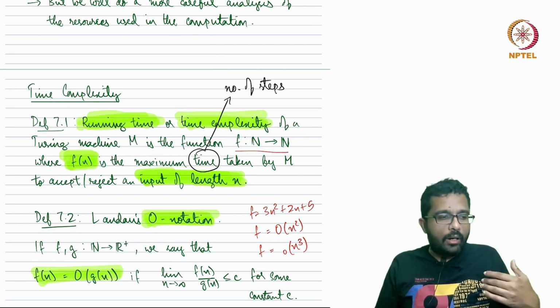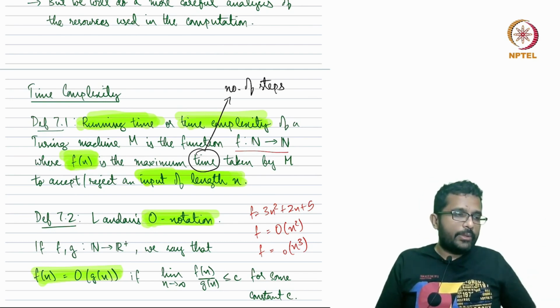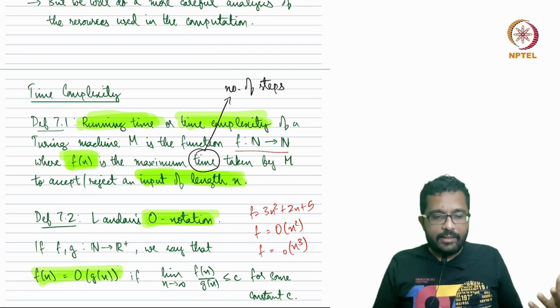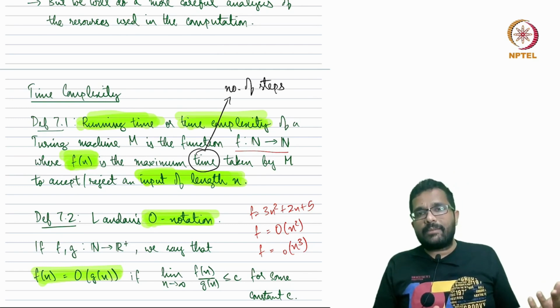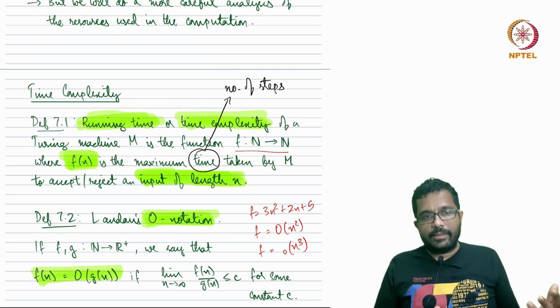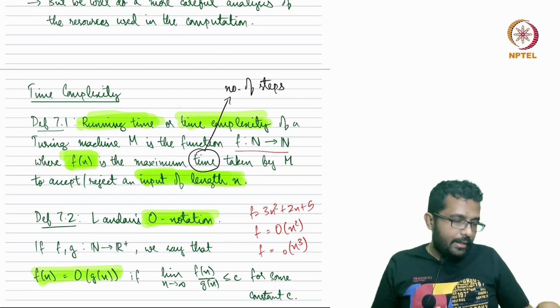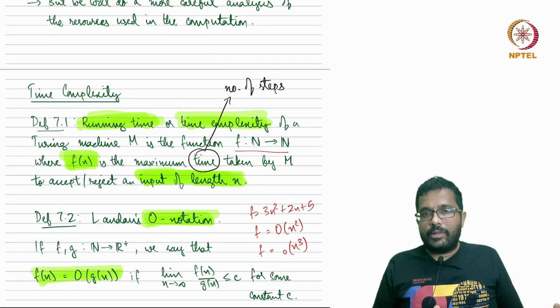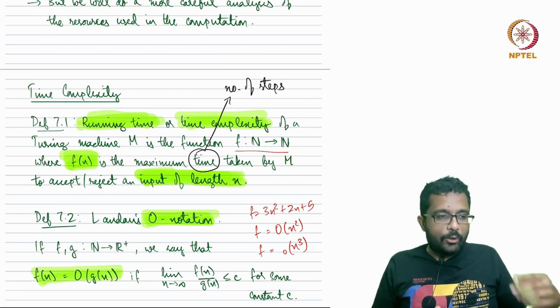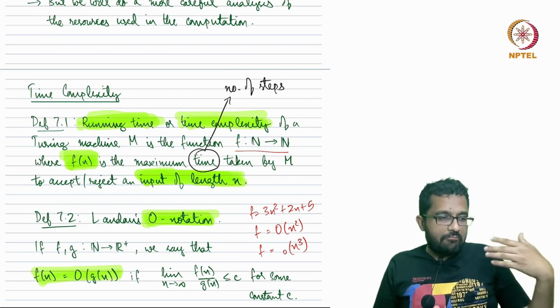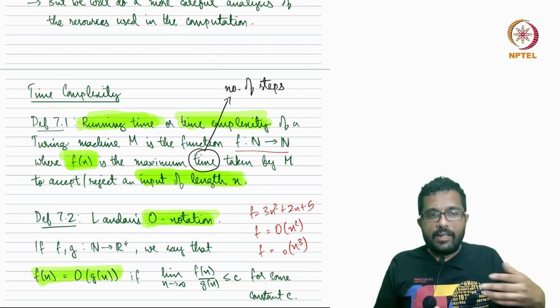Now how that number of steps relates to the actual time itself depends on how the Turing machine is run. But the Turing machine being an abstract model, we don't have anything like that. When we translate this to an actual computer or processor, these things can be translated. You can look at how many computations are performed in a certain second. You have machines that run in gigahertz and so on.